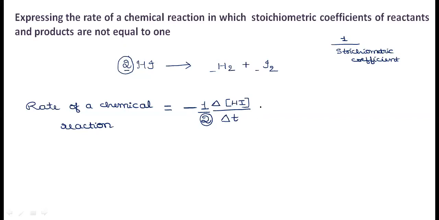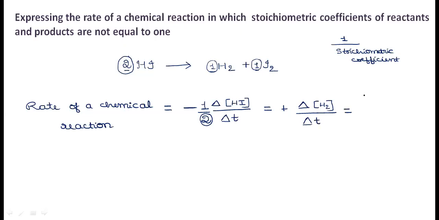Now, the same, we can consider with respect to product. As it is a product, it is plus. Now for hydrogen, nothing here indicates it is 1. Similarly, for iodine, it is again 1. So hence no need to mention that 1. So you can directly write the definition with respect to concentration of H2 divided by change in time.